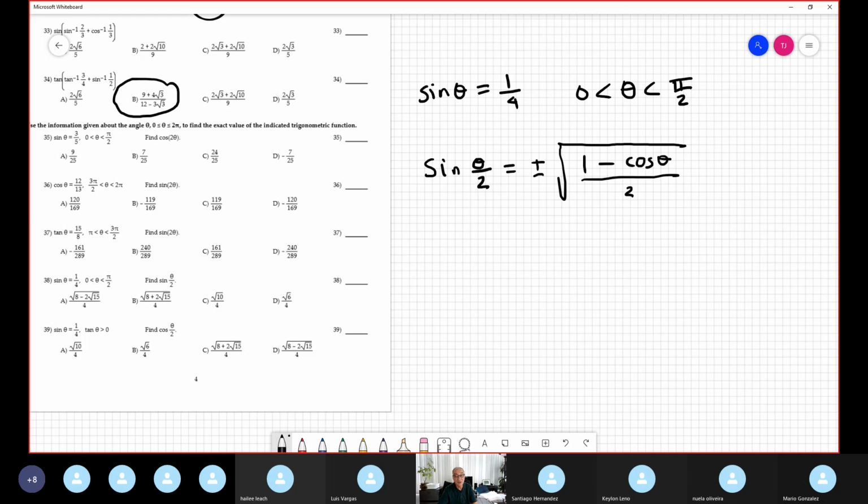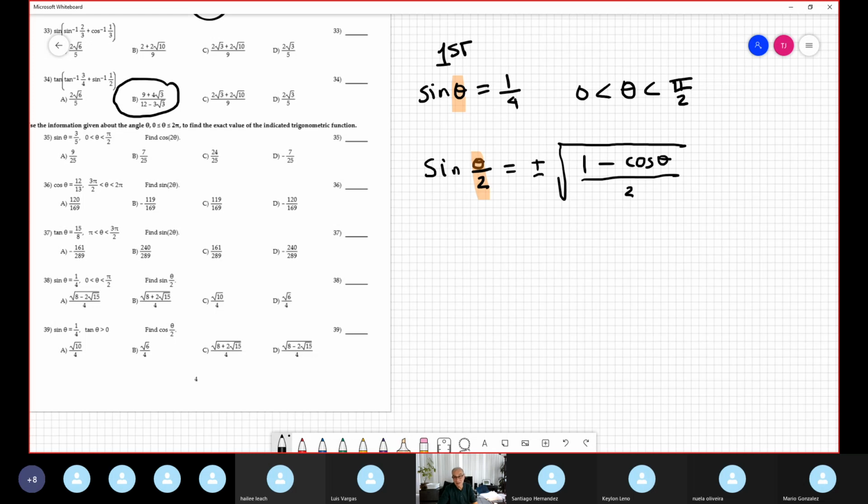So in this case, you need to determine specifically in what quadrant the half angle lies. Because I know that theta lies in the first quadrant, according to this idea, no?